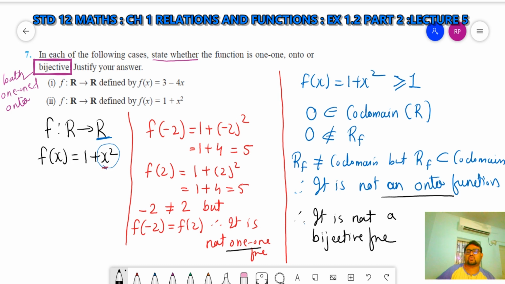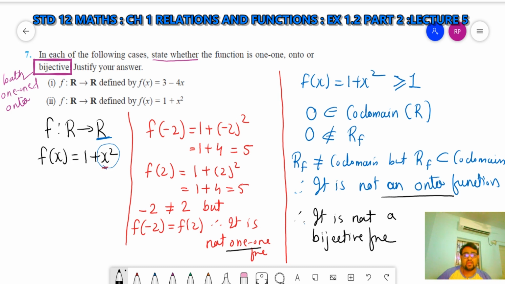Okay, so this was about question number 7 and its second sub question. Remember this: whenever there is a square given in the function, for one-one try to take one negative value and one positive value of the same number.